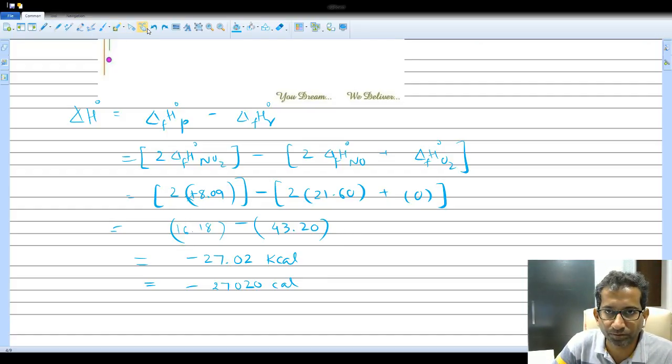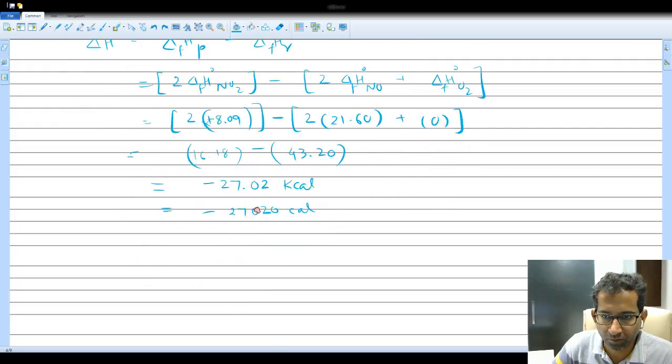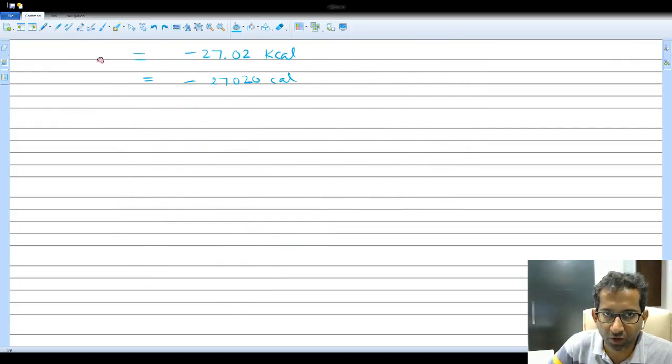Okay. Now the same we will do for entropy change. Delta S0 equals SP0 minus SR0.